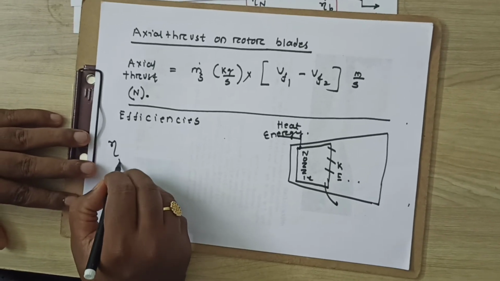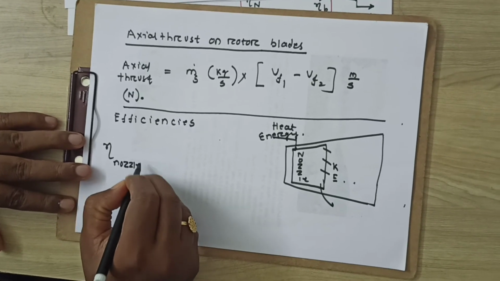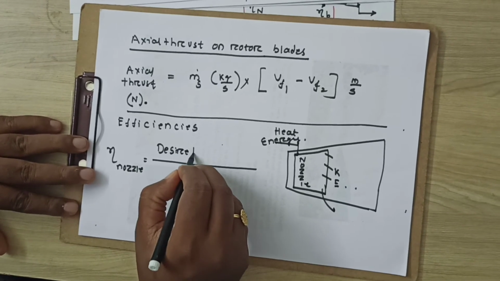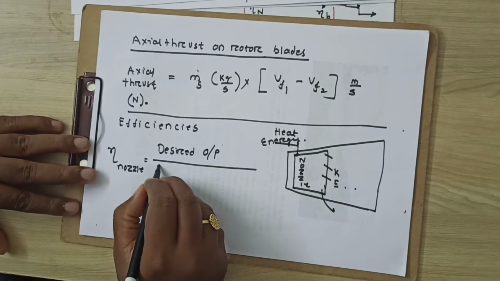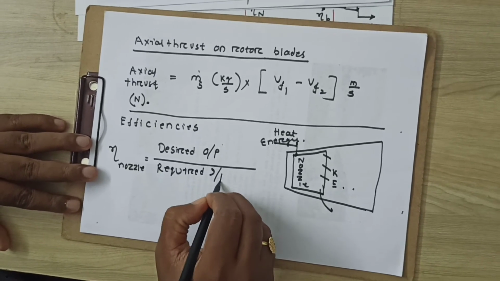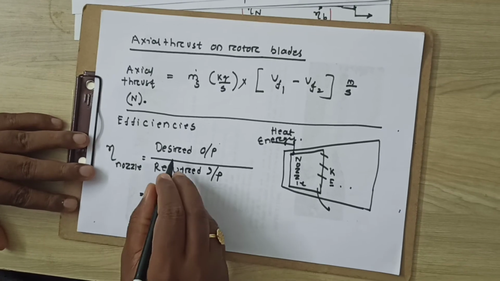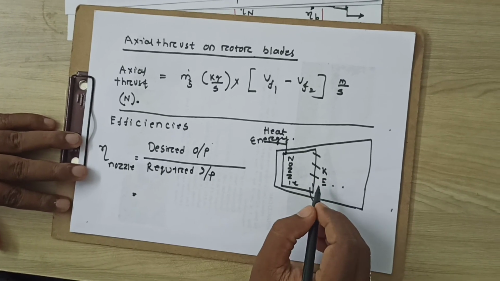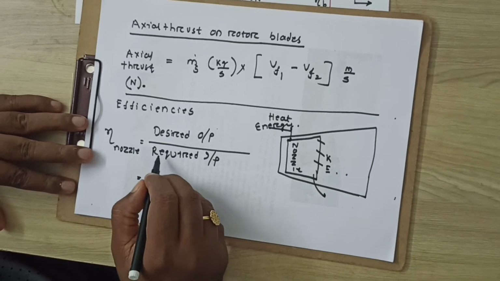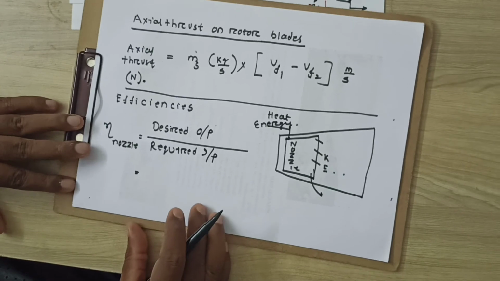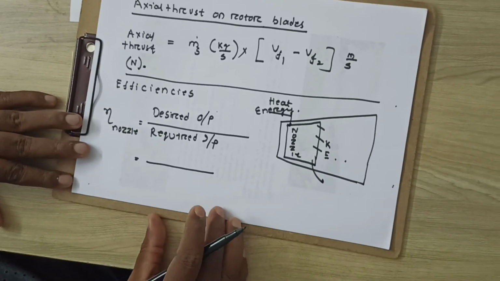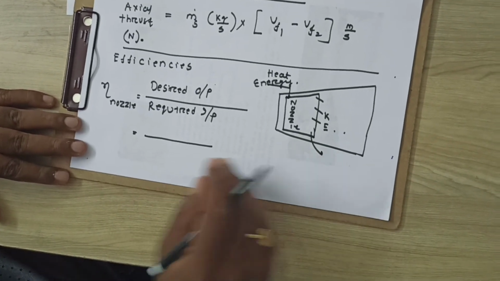So efficiency of this nozzle is desired output divided by required input. This term must be there, desired and required. What we desire is kinetic energy; the desired output is kinetic energy. The input or requirement is heat energy. So in terms of this, for this nozzle, I can write it out.